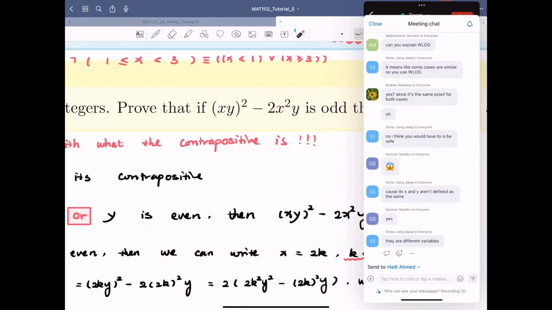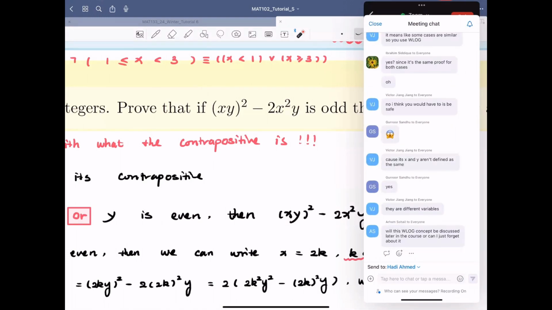Unless I remove this 2 here, then you can use WLOG. But in this case, they are not symmetric, so you should not use WLOG here. You should discuss the 2 different cases. We never discussed it, but I know a lot of people use it, so I'm just making sure that people who want to use it are using it correctly. If you don't know what it is, don't worry about it.